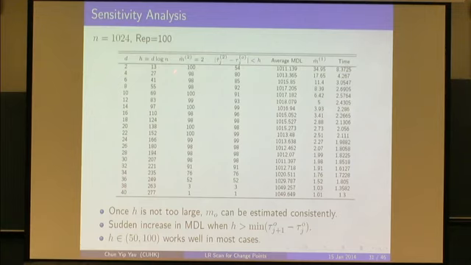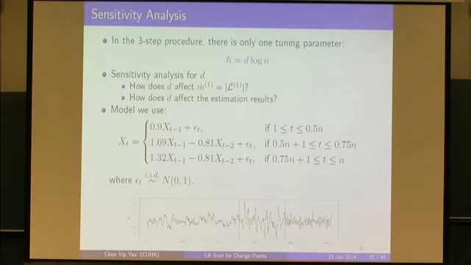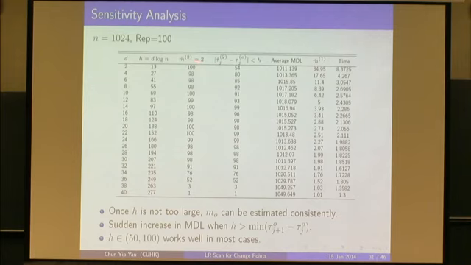And so m hat 2 is the result from the second step, which, because we have two change points, so this is the correct number of estimation. So it is 98 or above. Okay, for most of the range, I get the correct decision of the number of change points.